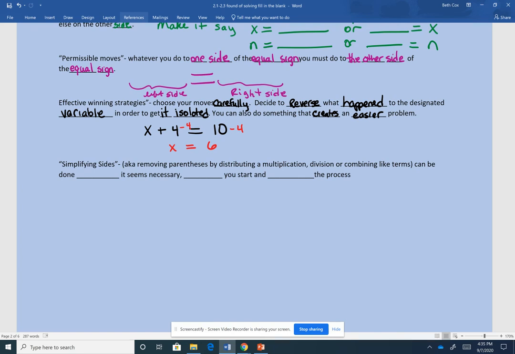This can all be done anytime it seems necessary, but we always want to do it before we start, and then watch out to see if it needs to be done during the process. But we always want to simplify before we start, and then look to see if there's any other time that we can do that. Because simplifying is not a both-sides thing. It's just making whatever we have a little more simple.